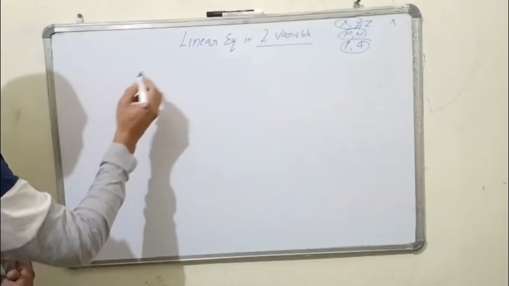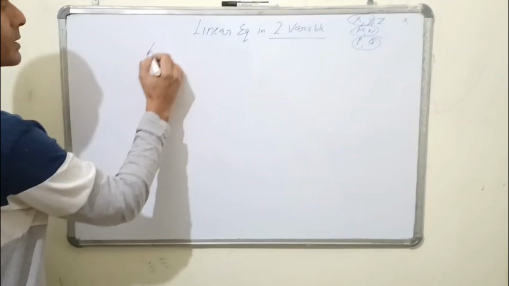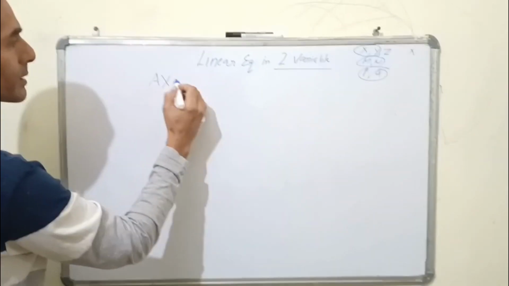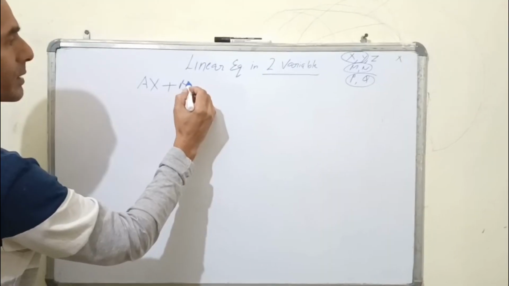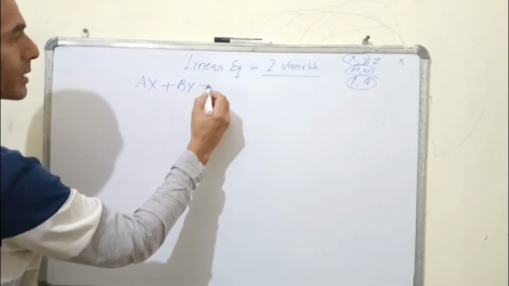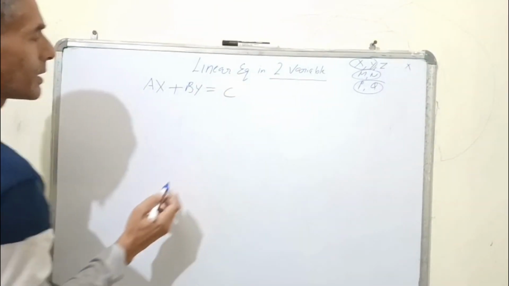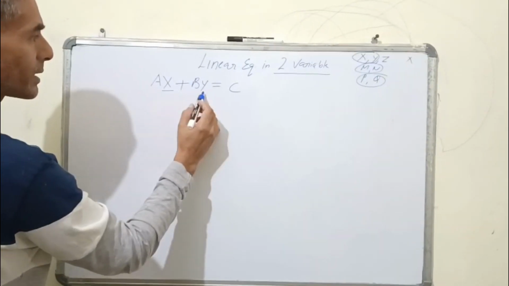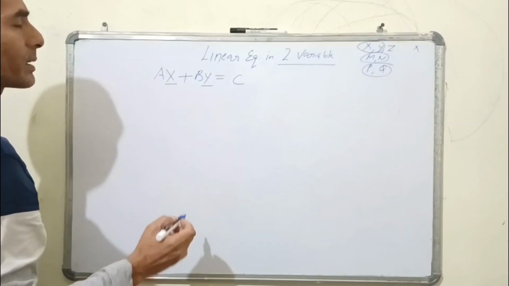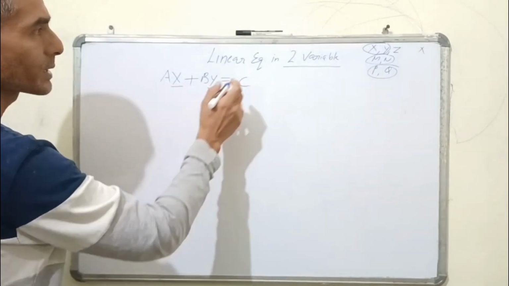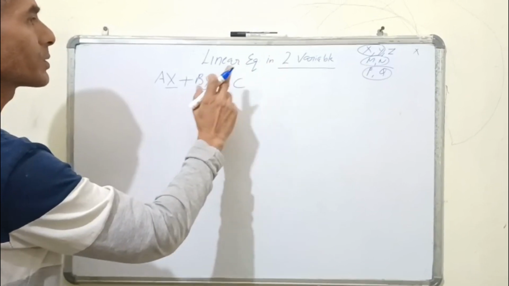Just see the general format of a linear equation, that is ax plus by is equal to c. Now x and y are the two variables here. That is why this equation satisfies the linear equation in two variables condition.